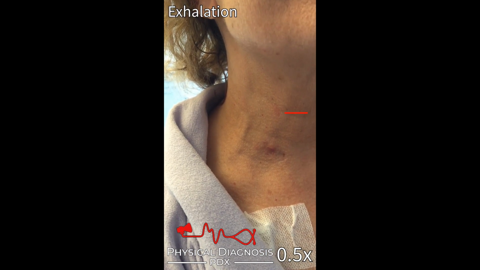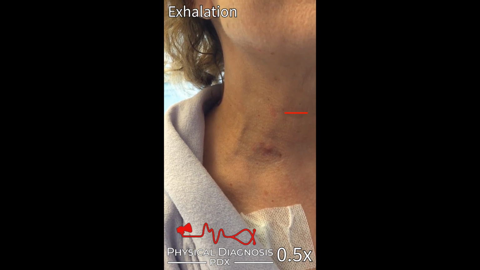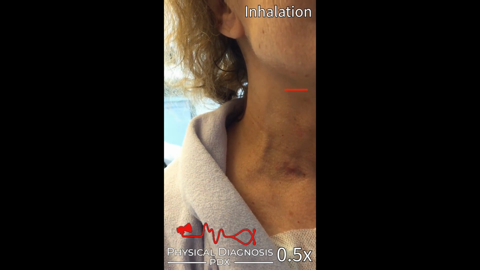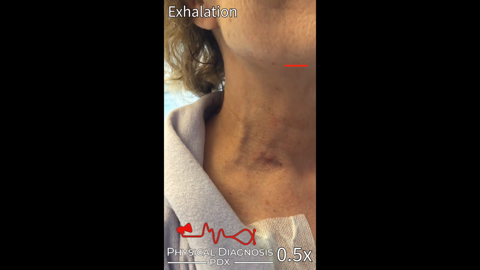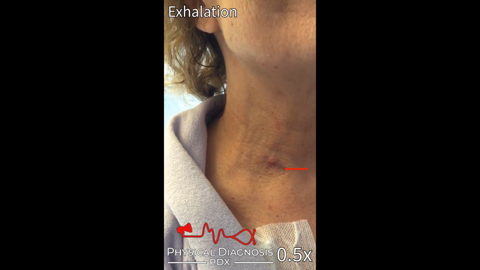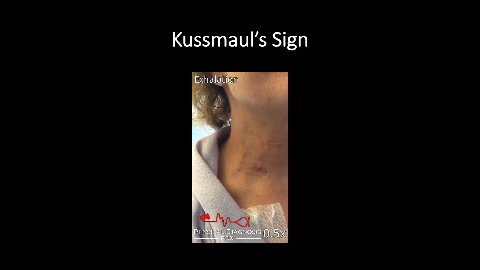Now study the annotated video. Demonstrated in the video is a paradoxical rise in jugular venous pressure with inspiration, known as Kussmaul sign.